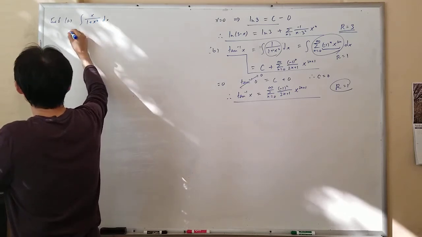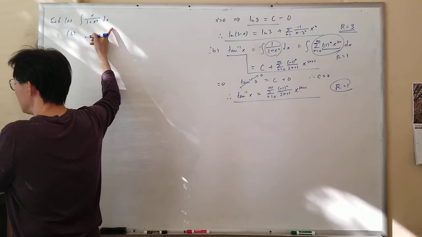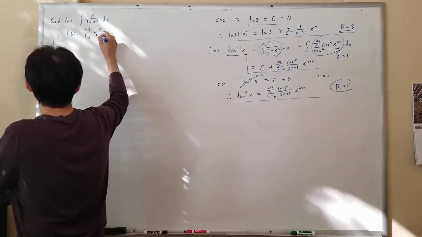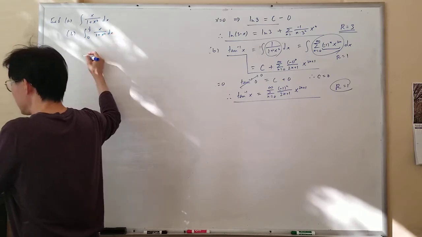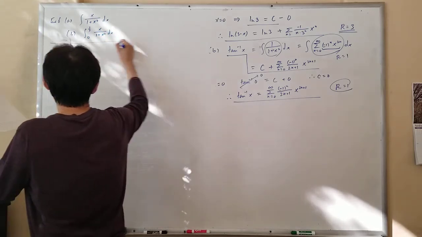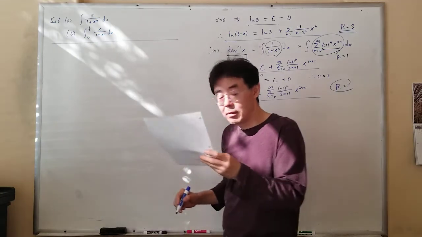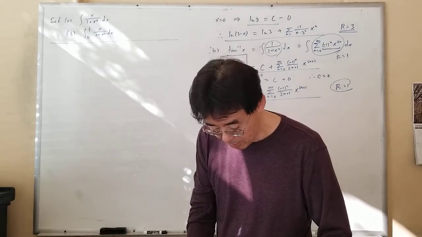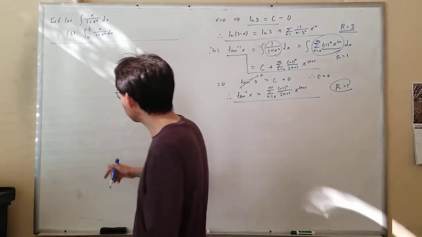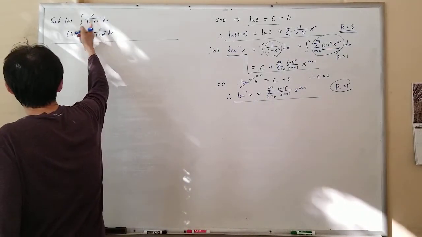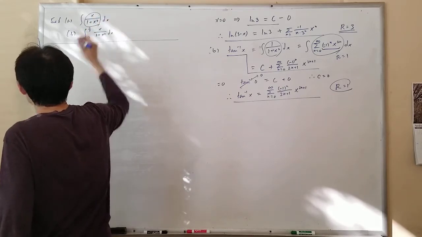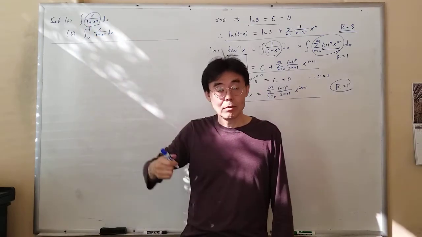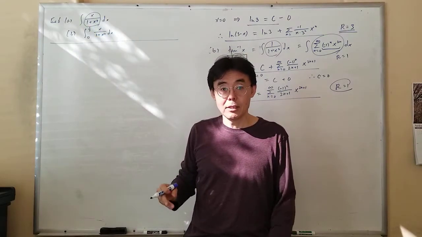And then B: use the result of A to approximate the definite integral of this to accuracy of 3 decimal places. In order to do this one, we have to find the power series representation of this function first, and then we'll do term by term integration.